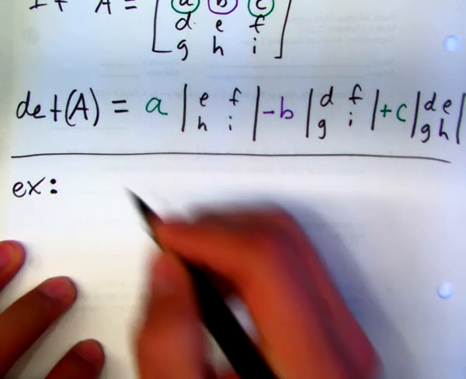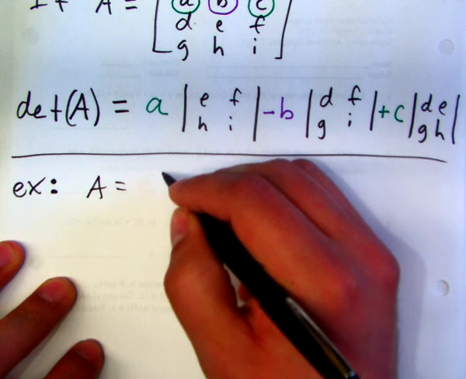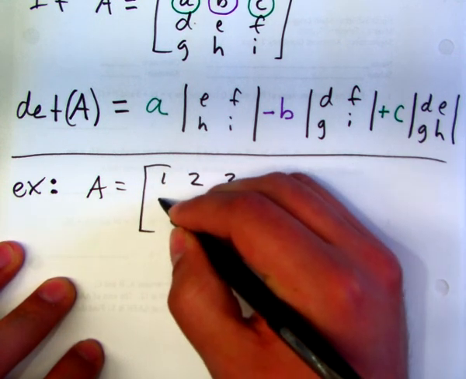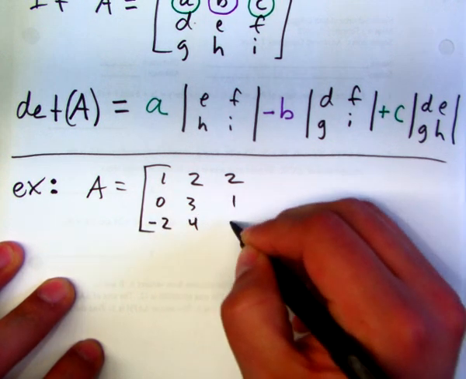Okay, so here's a quick example. Let's say A is 1, 2, 2, 0, 3, 1, negative 2, 4, negative 3.